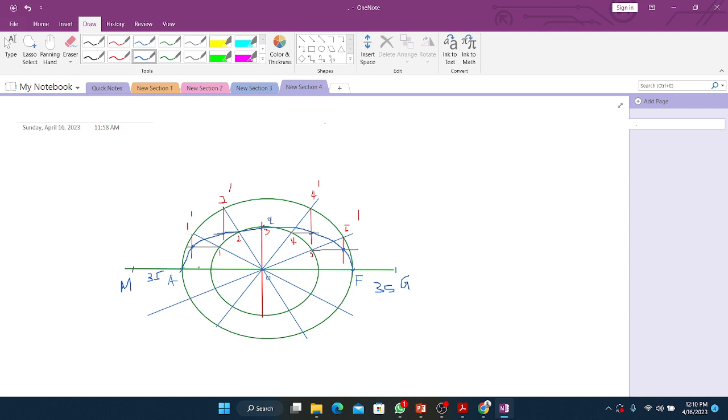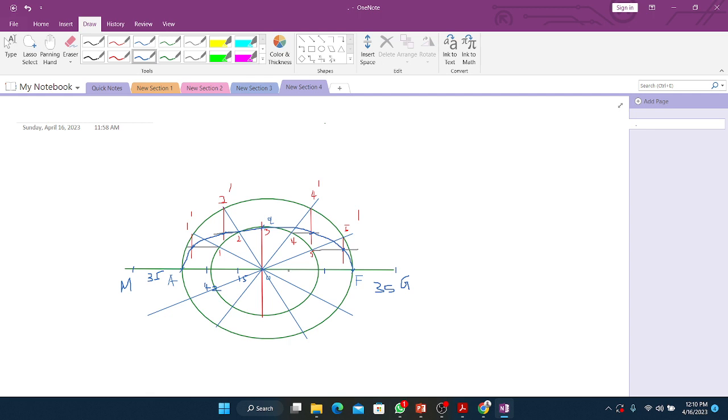I don't know where it will exactly come, so I am saying here. This is 42. From here, this is 42 millimeter distance, and 15 millimeter distance here. Here, 15.